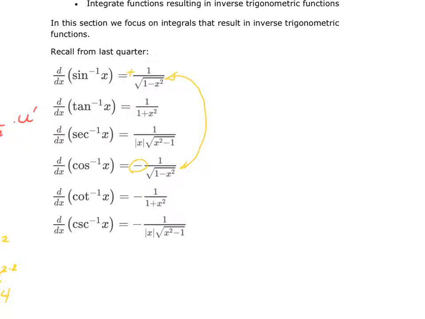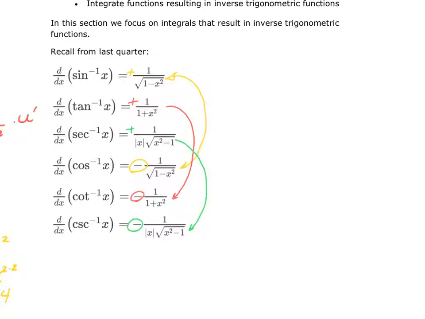We kind of expected cosine to be negative because when we do the derivative of cosine, it's going to be the negative sine. If I look at tangent and cotangent, one's positive and one's negative. So they're pretty much the same thing, but with a positive and negative difference. And when I look at secant and cosecant, again, one's positive and one's negative. So they're pretty much the same thing, but one being positive and one being negative.